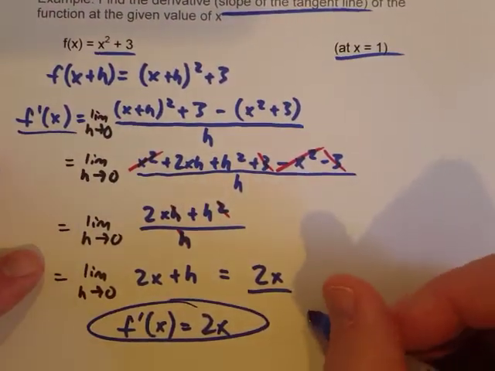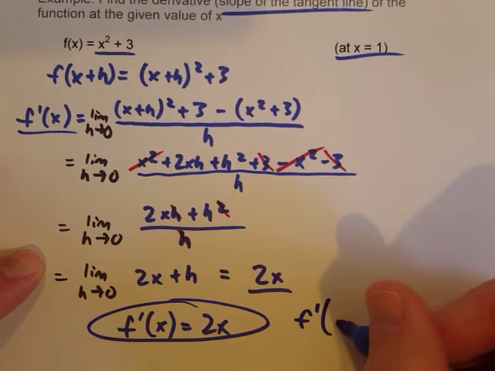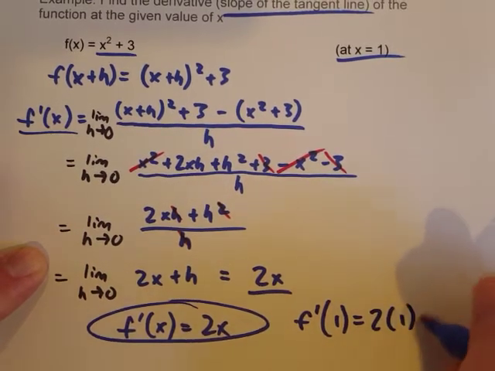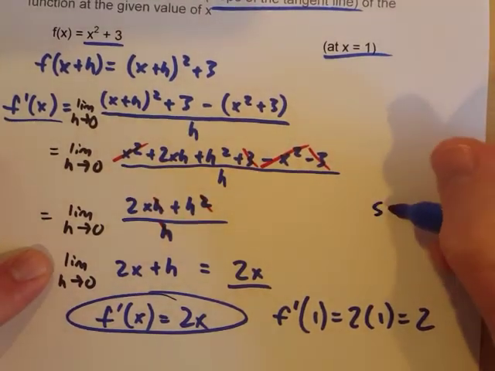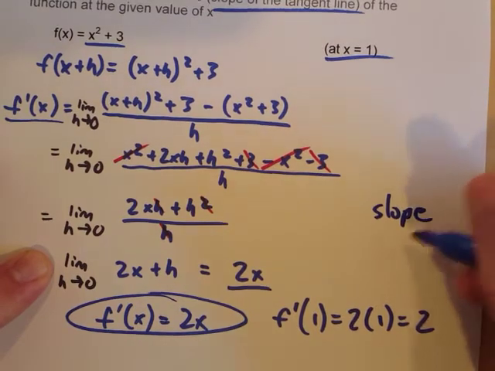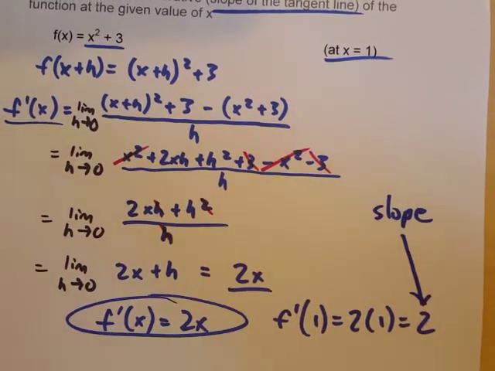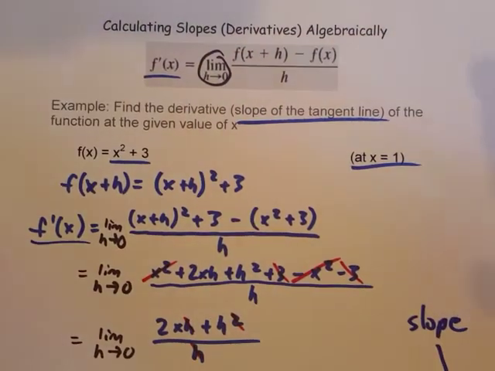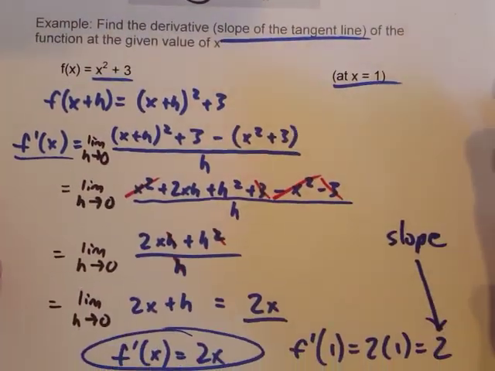So I plug it in, f prime of 1 is going to be equal to 2 times 1, so that slope is equal to 2. Overall, after plugging my point in, that is my slope. And that's something that you could easily check on your calculator by graphing it and then having the calculator draw the tangent line for you.